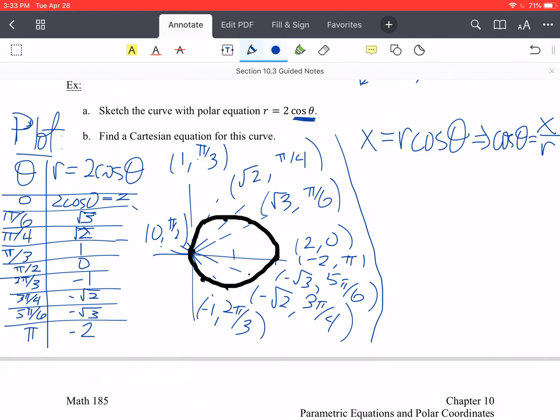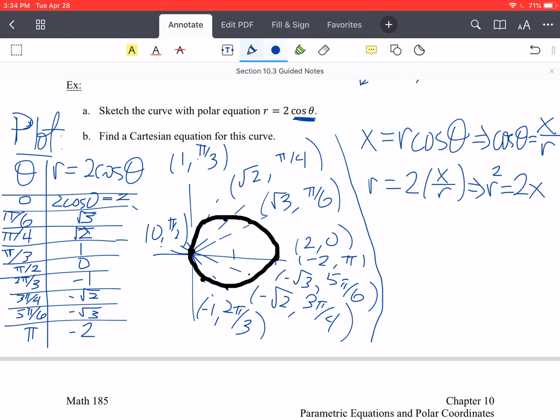Then coming from our original formula up here, r equals 2 cosine theta, so r equals 2 times x over r. So r equals 2x, or excuse me, r squared, because we multiply this r across over to there, that gives us r squared.